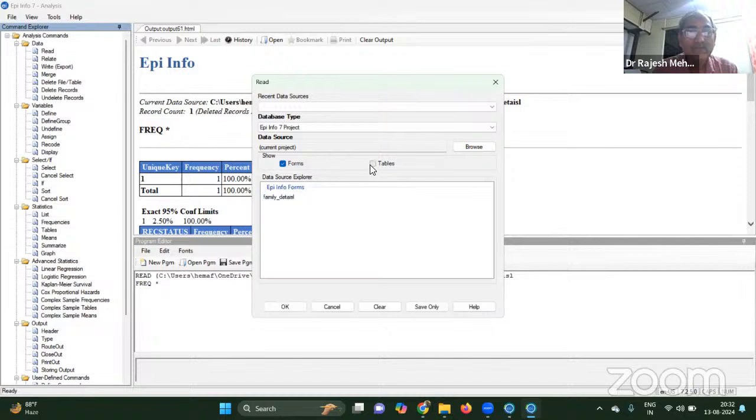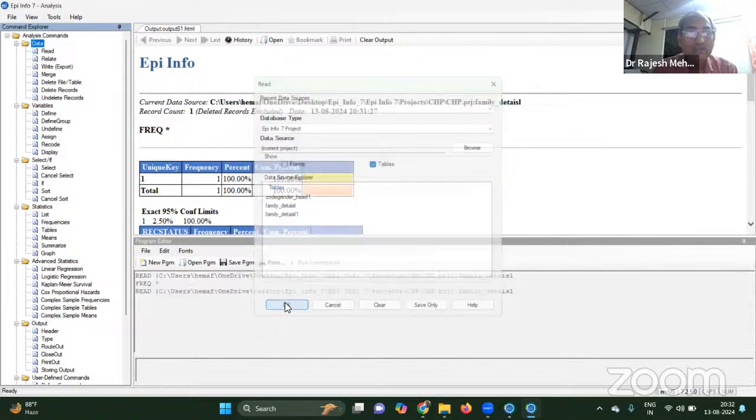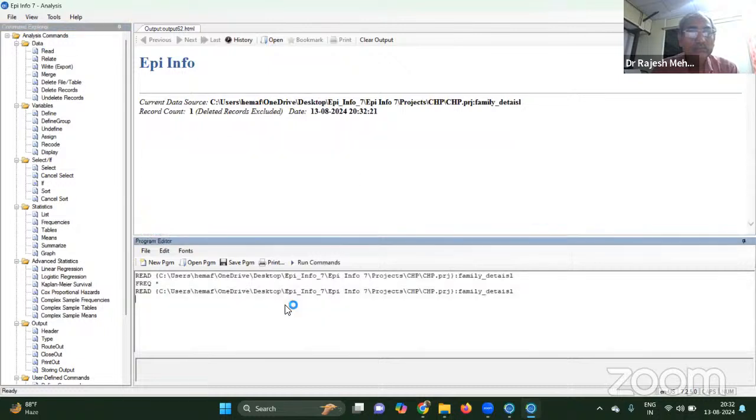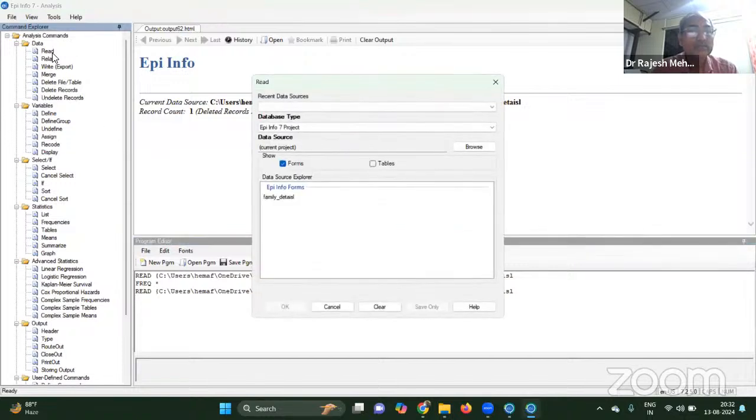These tables. We should go for tables, not the forms. And family detail. Gender, height, family detail, family details.